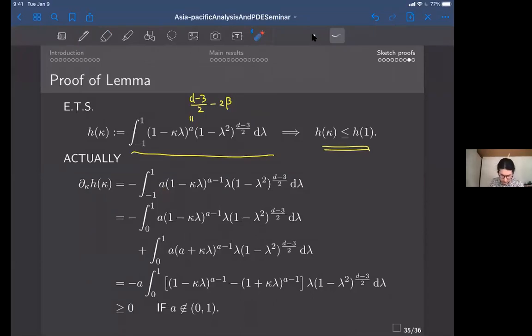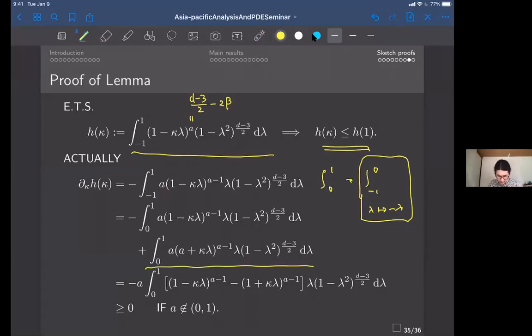You split the integral into two parts. Then change your variable, lambda to the minus lambda, for this second one. That's this guy.